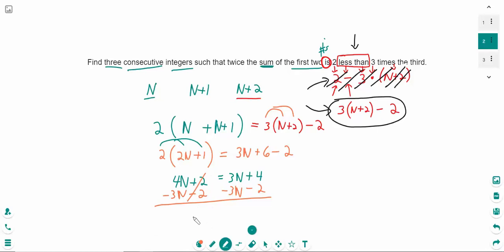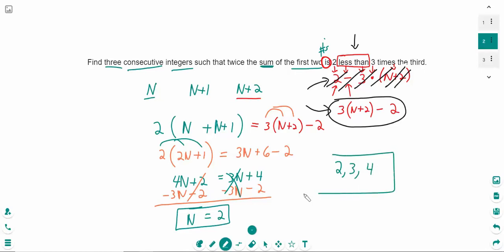We have 4n minus 3n, that is going to be an n, which is great. The n's cross out here, and then we have plus 4 minus 2, which is a 2. So n is equal to 2. And if this is 3 consecutive integers, then our integers are going to be 2, 3, and 4. So that would be our solution.